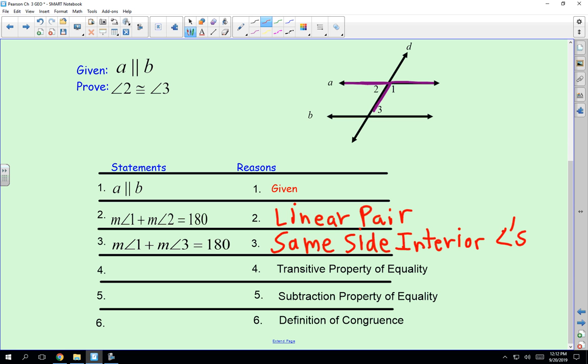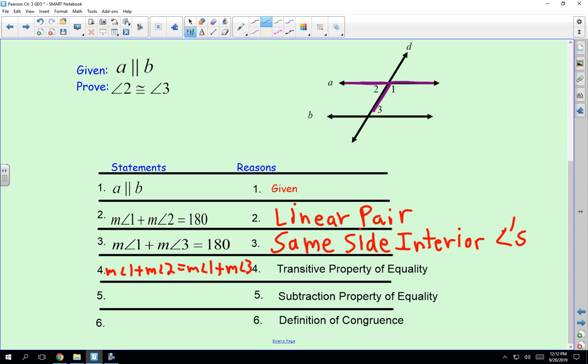So we have measure of angle 1 plus measure of angle 2 equals measure of angle 1 plus measure of angle 3. So you set them equal. That's the transitive property we call it.